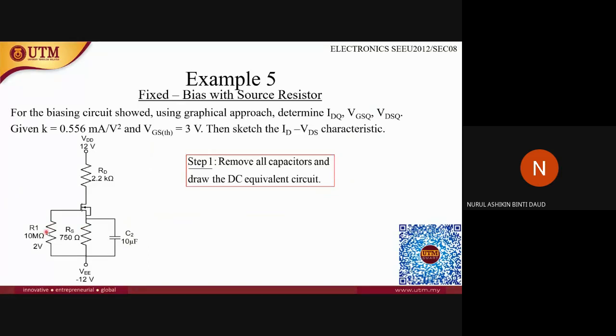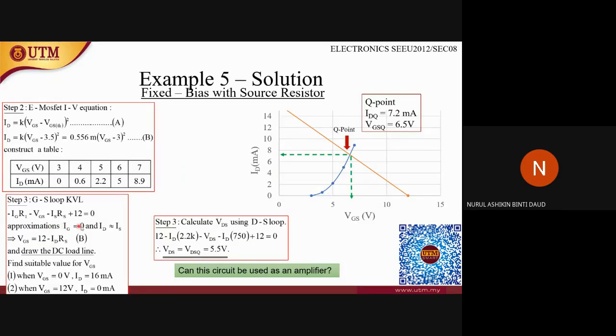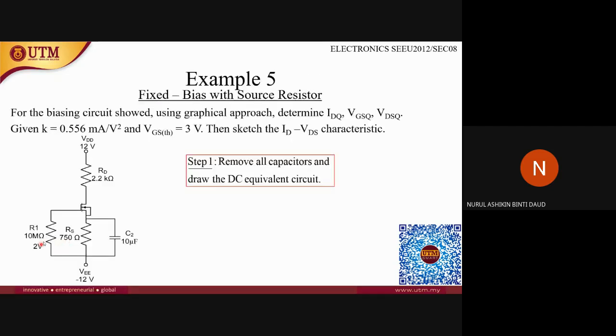Since IG is always equal to 0, we assume that there is no resistor here. This resistor can be shorted, and IS is equal to ID. So VGS equals 12 minus ID RS. Since this is a short circuit, these 2 volts can be neglected.